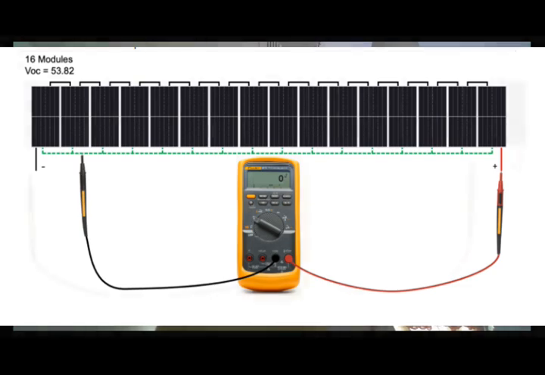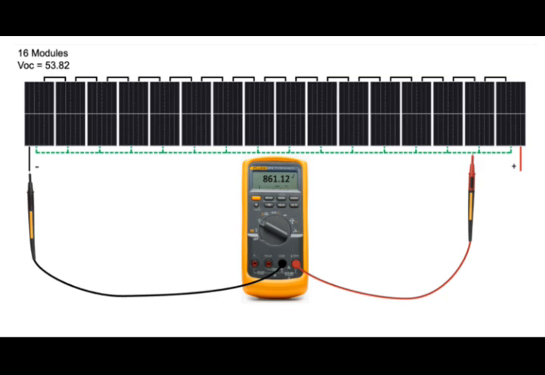Now we measure between the negative conductor and ground and get a reading of 861.12 volts DC. We expected 0 volts to ground, but the measurement indicated voltage to ground on the negative side of the PV string circuit.